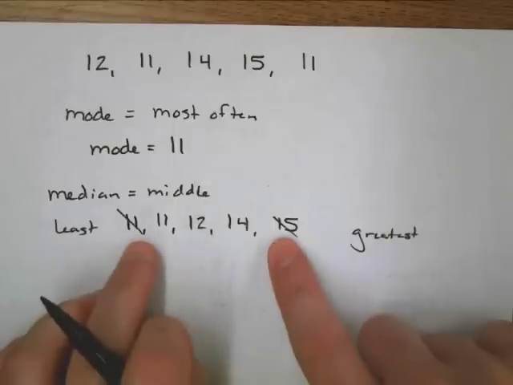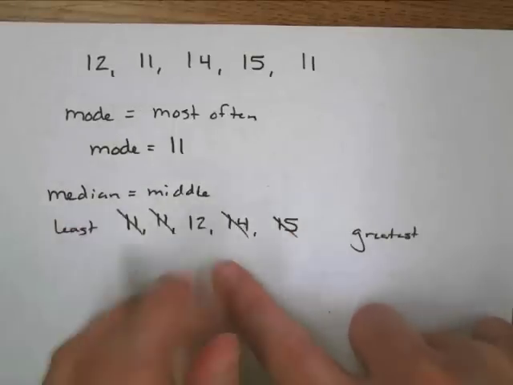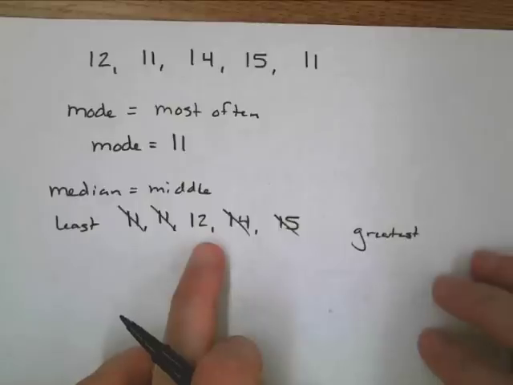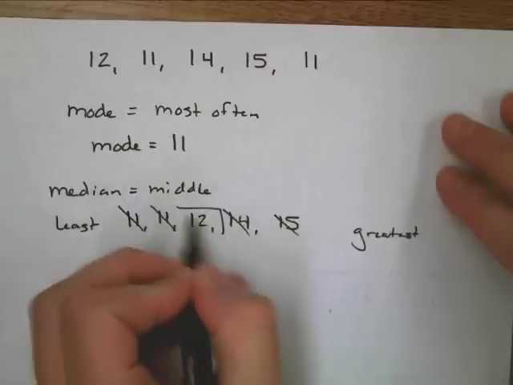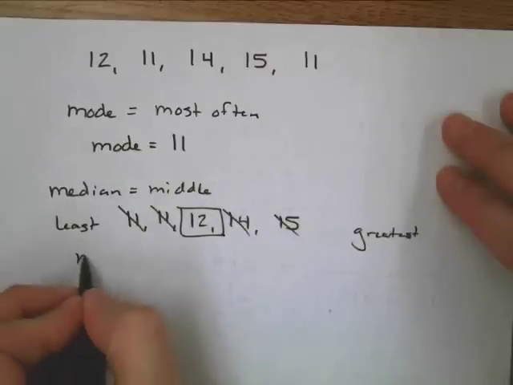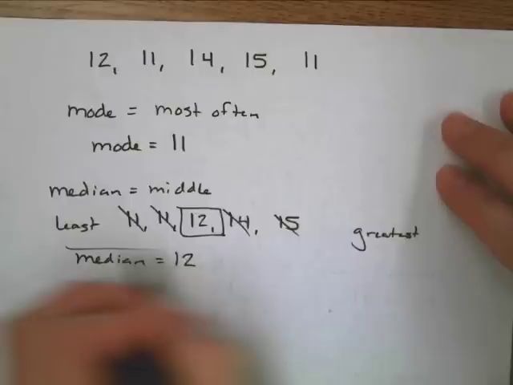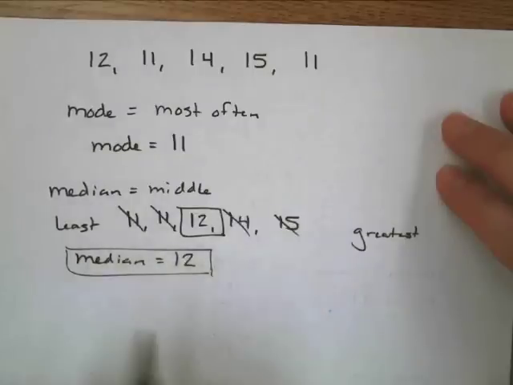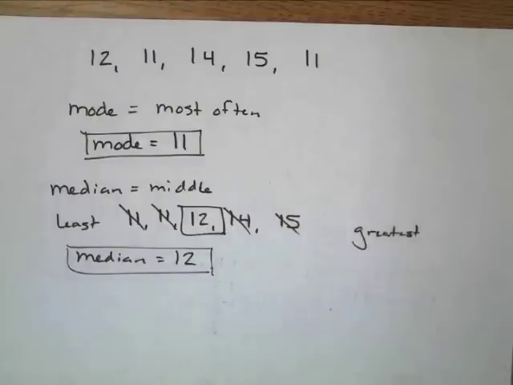So 11 and 15, cross those out. 11 and 14, cross those out. And then when I have an odd number of data, then I will end up with a single number as a data point. In this case, that number is 12. So the median for this set of data is 12. So taking a look at how mode and median can change depending on what our data is.